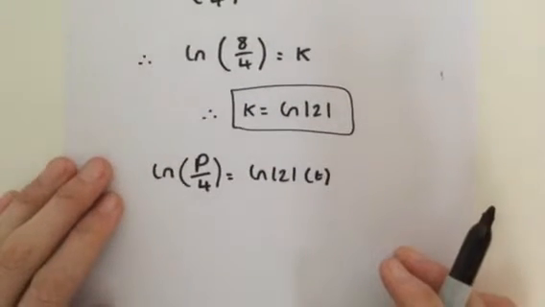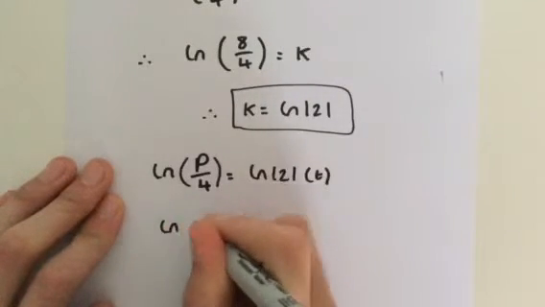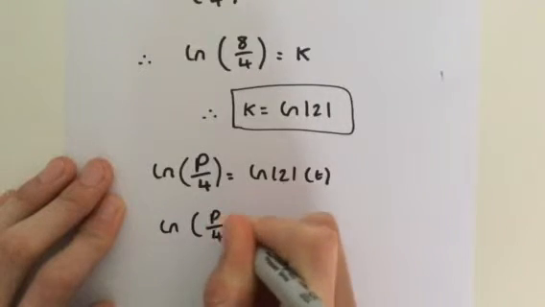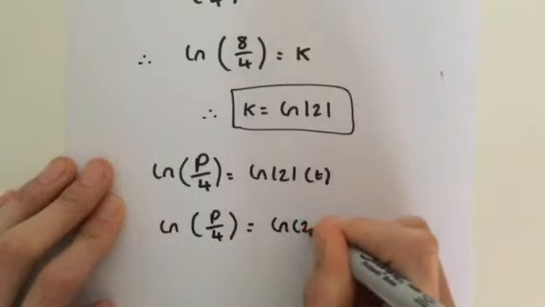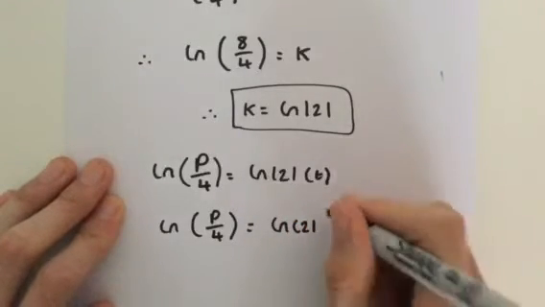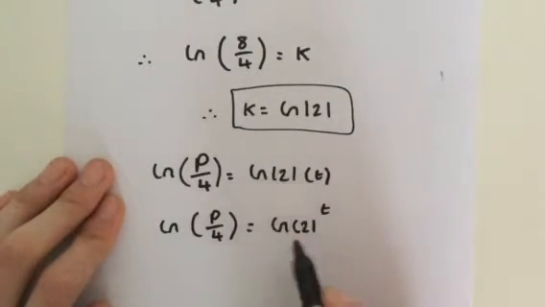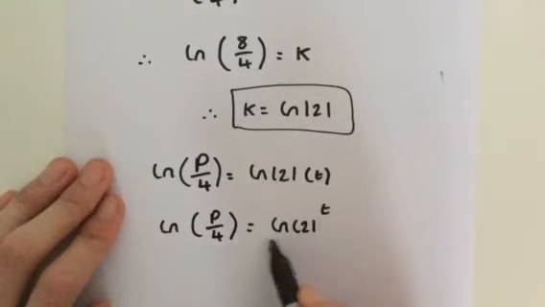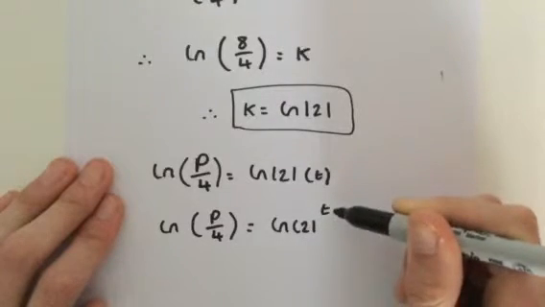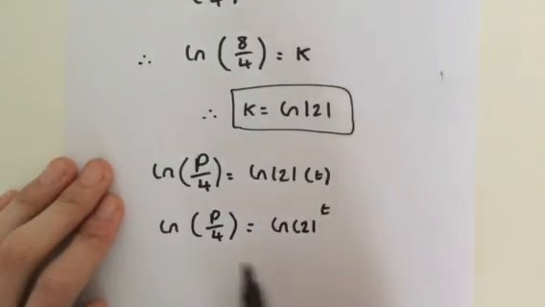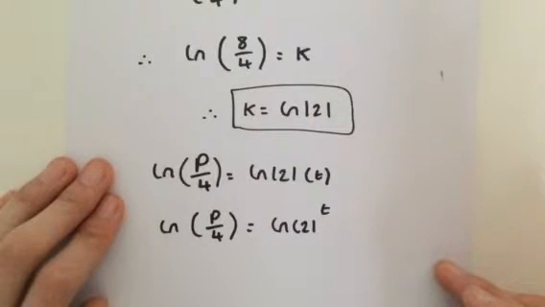We should be able to see that the natural log of P over 4 is equal to the natural log of 2 to the power of t. If you have a constant multiplied by your logarithm, it becomes an exponent. Again, if you're unsure on your logarithmic rules, you might want to recap on them, as they're very handy in many forms of mathematics.